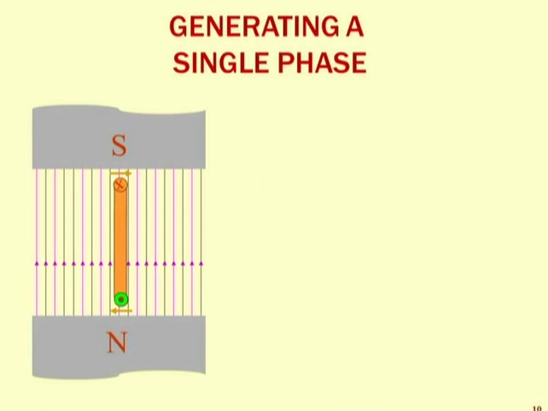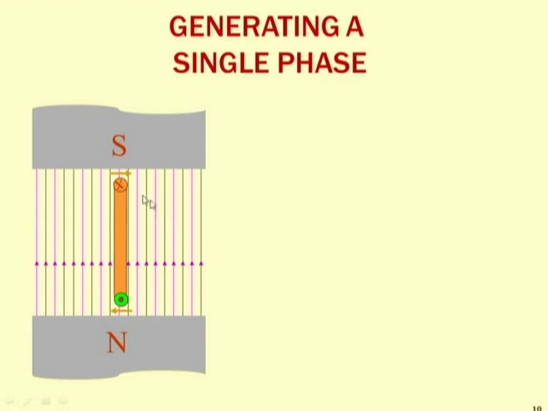Okay, so now here again this is the case when the conductor is in parallel with the line of flux, so it is in line with the flux, but the motion of the conductor is now perpendicular to the line of flux, and hence it cuts the flux maximum. Okay, so now see what happened here.